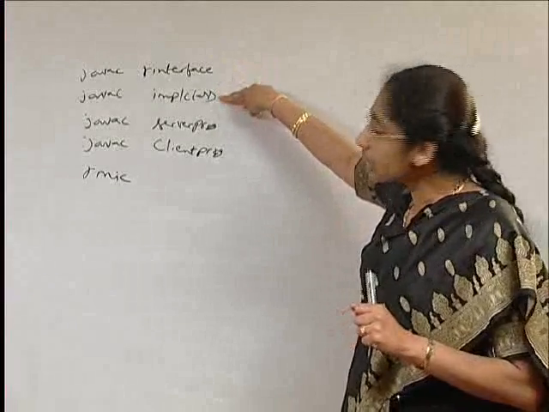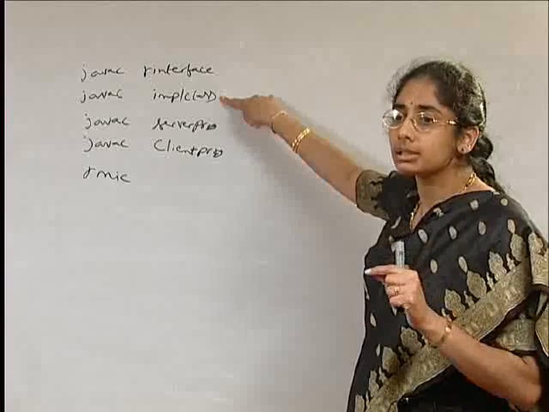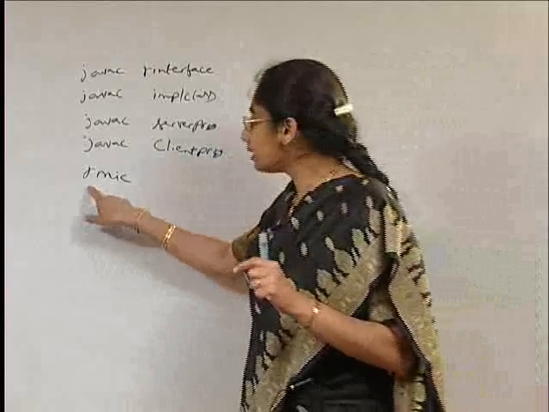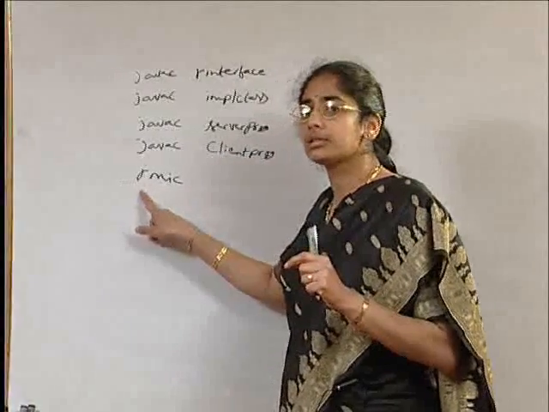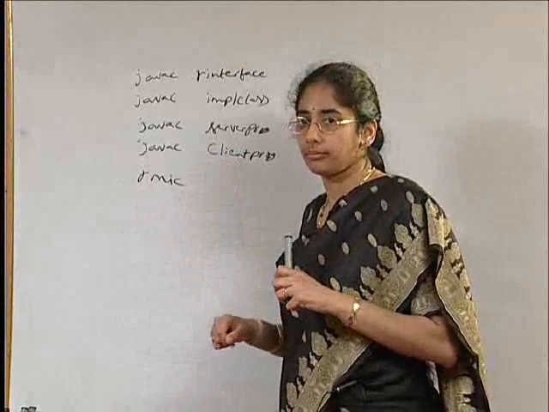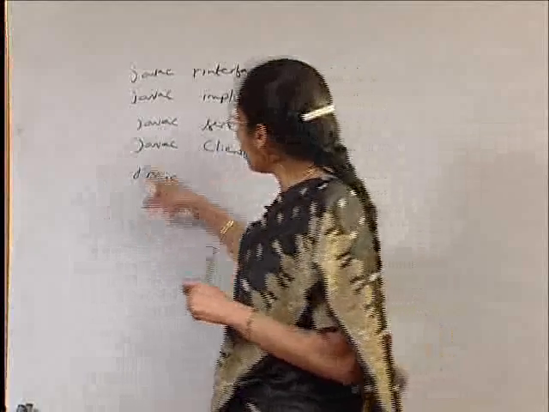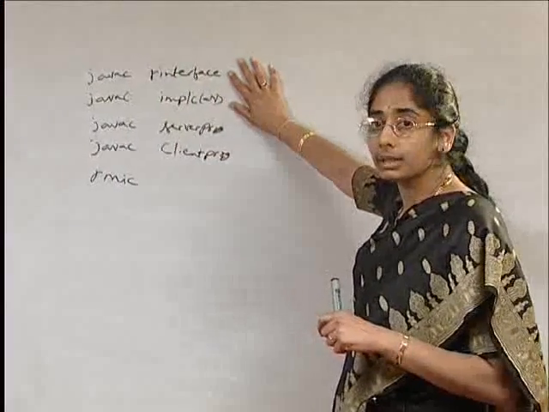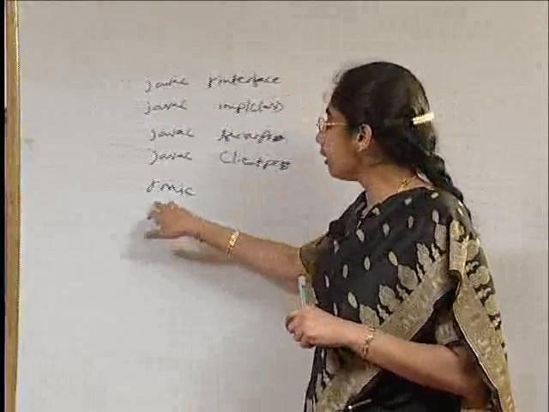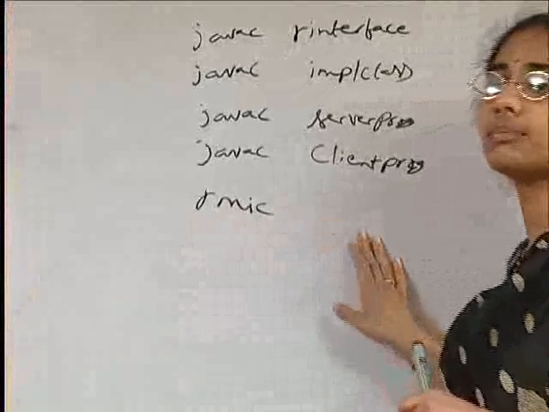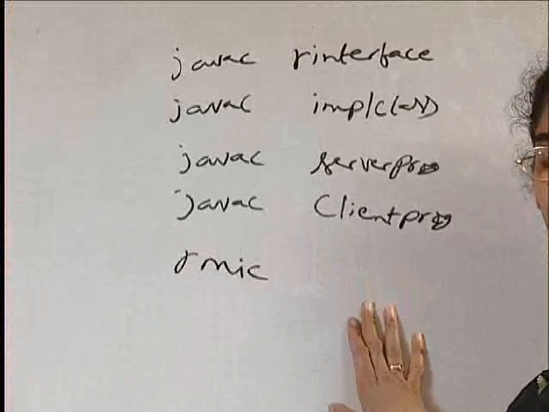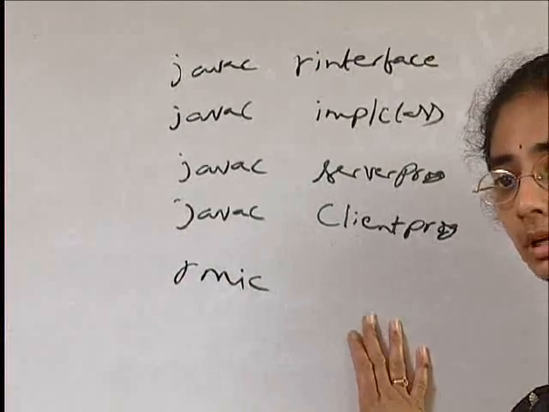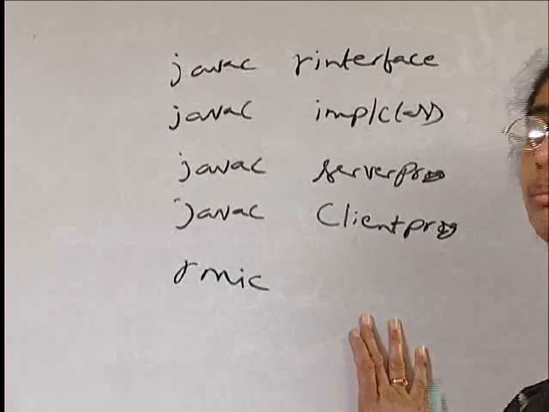So once you are done compiling the implementation class, at any point you can generate the stub and skeleton using RMIC. Now if the interface and the implementation class belong to a package, then you have to do RMIC with -d path also, so that the stub and skeleton classes will also be placed into the package directory.